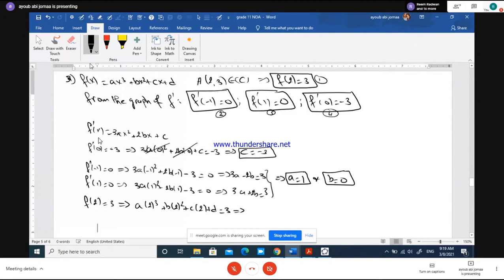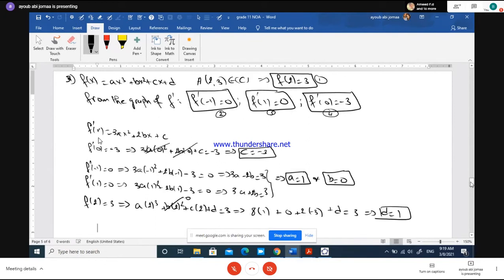This means 8a, and a is 1, so 8 times 1 plus 0 because b equals 0, plus 2c, 2 times negative 3 because c is negative 3, plus d is equal to 3. Then d will be equal to 3 minus 2, which is 1.